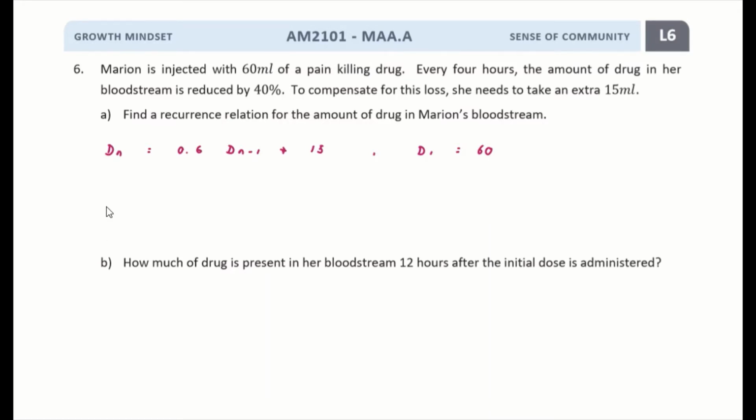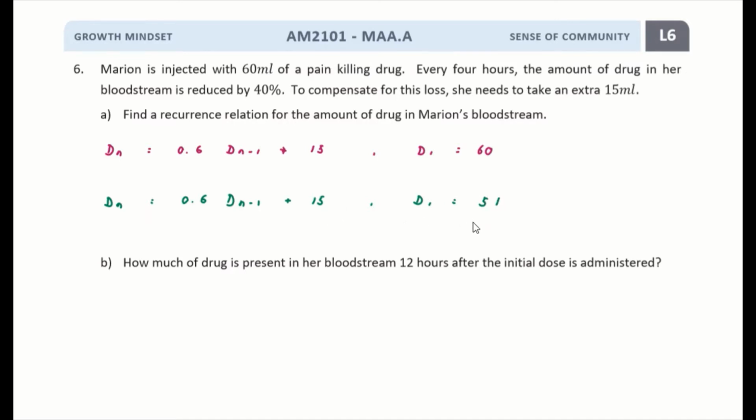The other approach you can try is that the recurrence is the same, but the only difference is that when you write it, you don't want your 1 to represent the initial term; you want your 1 to represent after the first 4 hours. So in this case, your D1 will straight away equal the amount of the drug in the body after the first 4 hours, which means you substitute 60, then plus 15, and you are going to get 51.